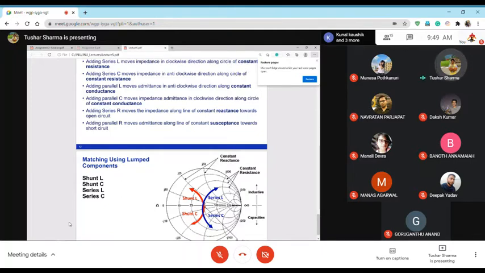Anything in shunt will always move on a constant conductance circle. Why? Because if it becomes parallel, you are actually going to 1 over Z, and 1 over Z is usually what?